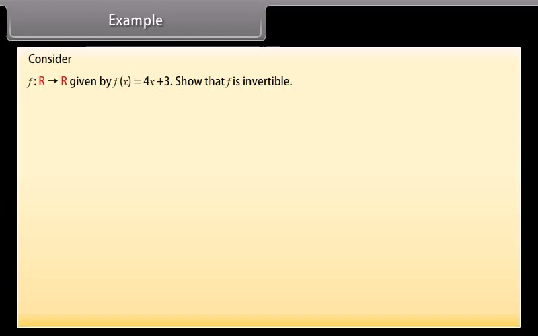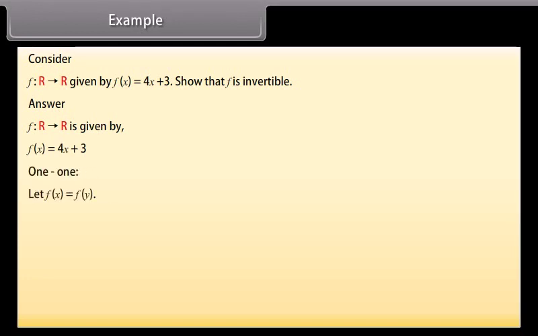Example. Consider function f from R to R given by f of x is equal to 4x plus 3. Show that f is invertible. Answer. Function f from R to R is given by f of x is equal to 4x plus 3. First, 1-1.